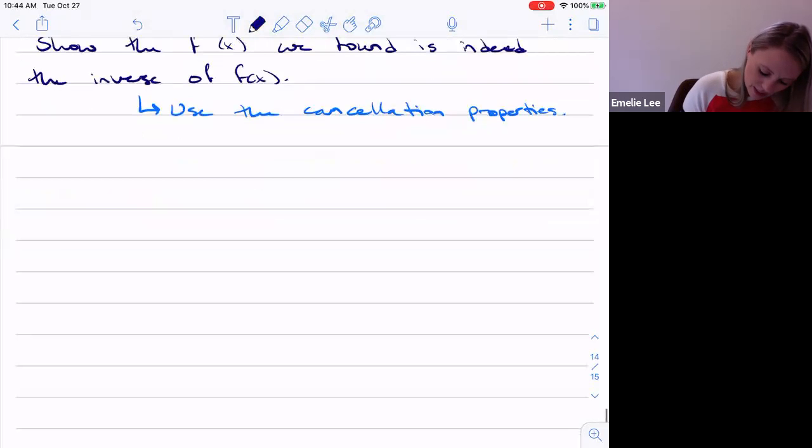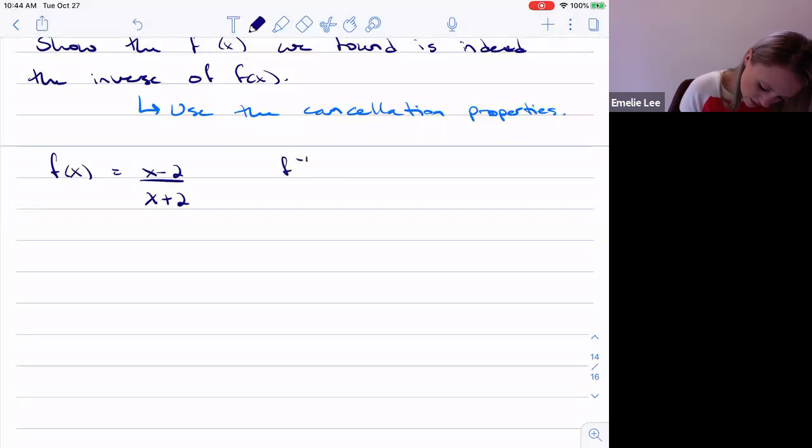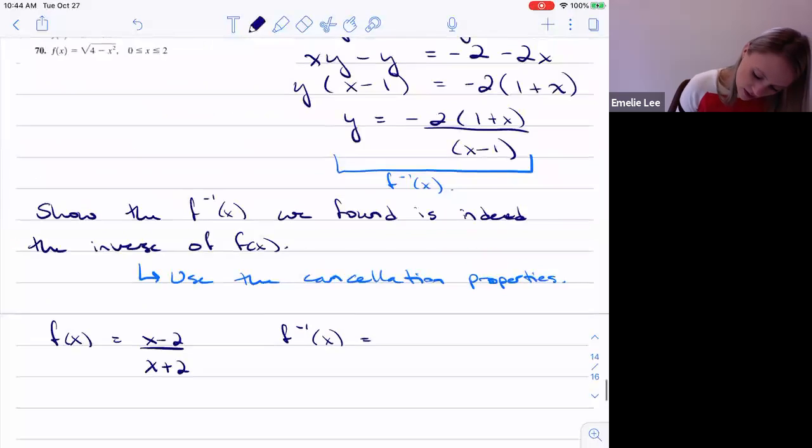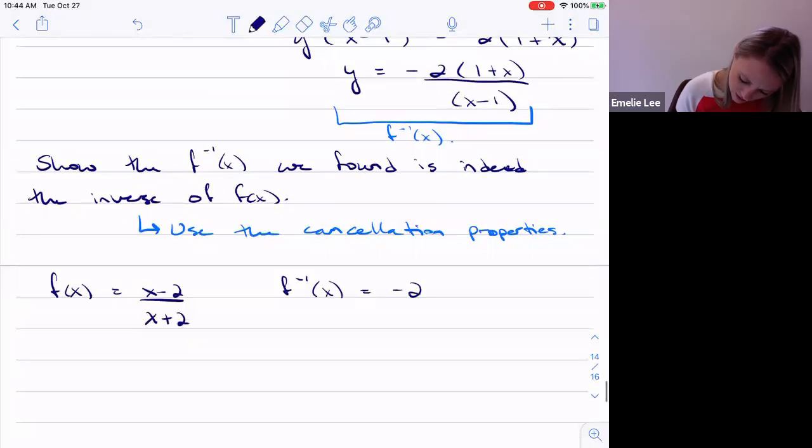So just as a reminder, f of x was x minus 2 over x plus 2, and what we're claiming to be the inverse is -2 times 1 plus x over x minus 1.